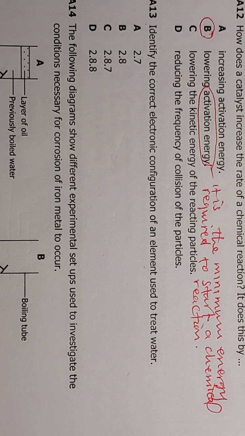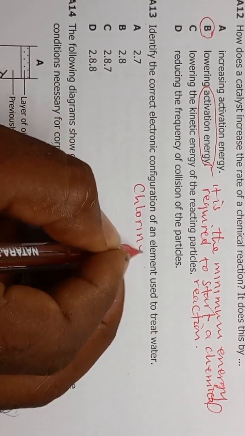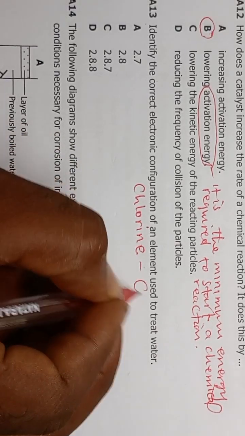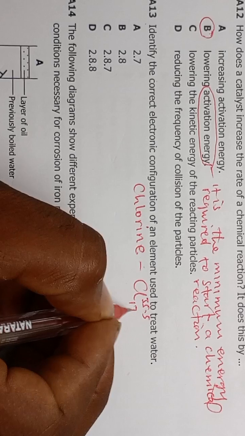Question 13. Identify the correct electronic configuration of an element used to treat water. So we treat water in our homes or at the waterworks by using chlorine. So remember, chlorine, we have 35.5, 17 there.